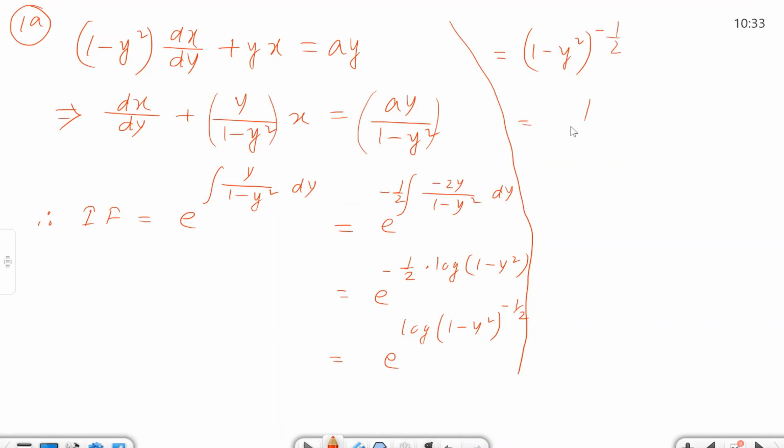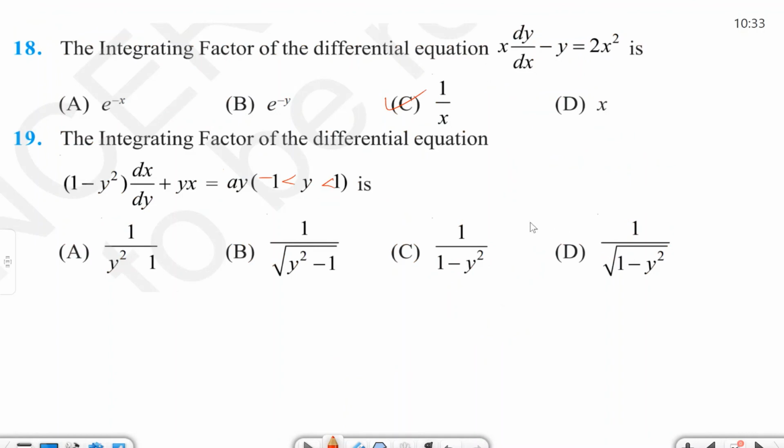That is 1 by 1 minus y square whole to the power half, and that is obviously 1 by root over 1 minus y square. So 1 by root over 1 minus y square will be the answer, this one, D. So that is the solution of the problem.